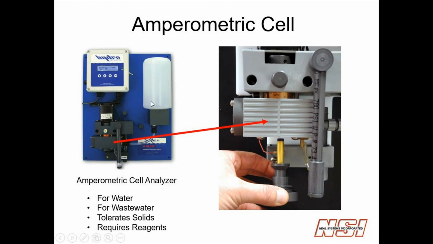And this analyzer does require reagents. If you're reading free chlorine, you just simply have chlorine with this analyzer. You need to add potassium iodide in order to read total chlorine.